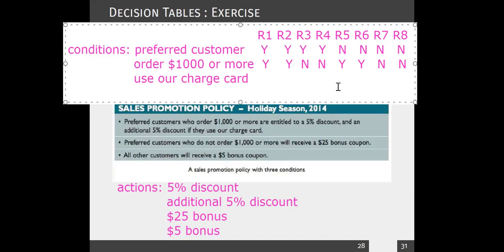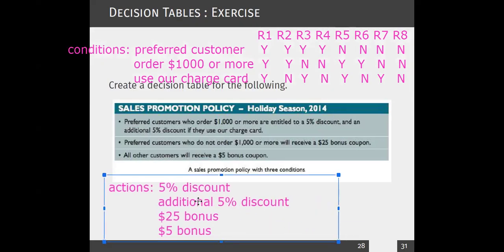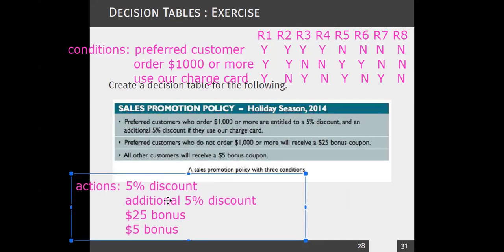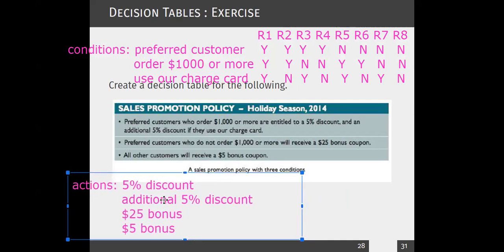Then yes, no, yes, no, yes, no, yes, no. So these are the full combinations. Now tell me what are the discounts we are getting. Yes. So we have 8 possible combinations because we have 3 conditions.